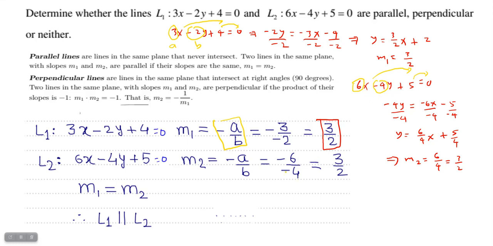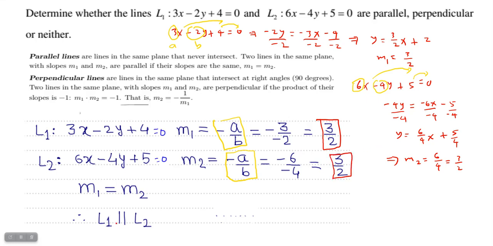So putting this in the formula again, the formula to get the slope of the equation of the line in the general form, we get minus a over b, which is minus 6 over negative 4. Then we can reduce that to lowest term, so the answer is the same, 3 over 2.